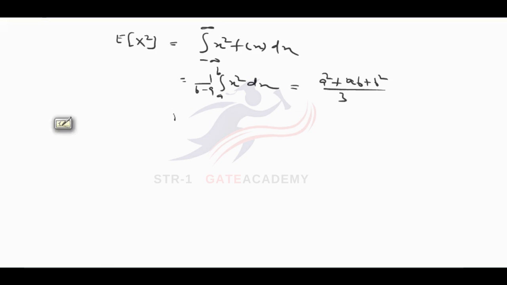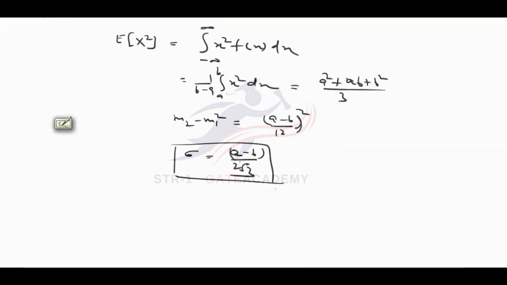For variance, m2 minus m1 square. By applying this we get variance as (b minus a) square by 12. And standard deviation is (b minus a) upon 2 root 3. In this way we get all the answers for uniform PDF.